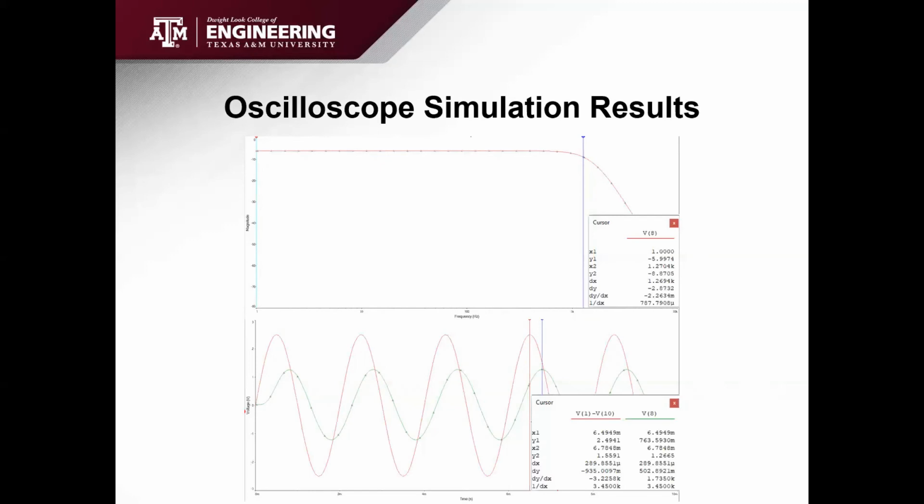The output is reduced by a factor of 2 due to the ADC's input range being half of the overall total system input range, which explains the discrepancy between the red and the green amplitudes.